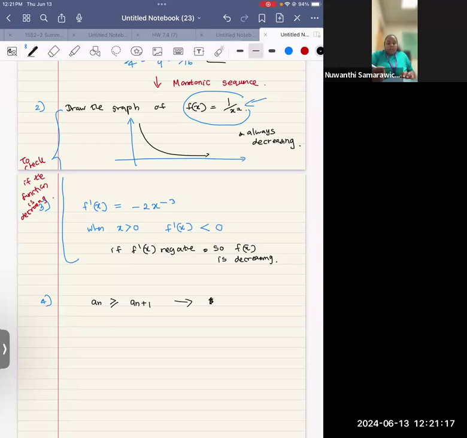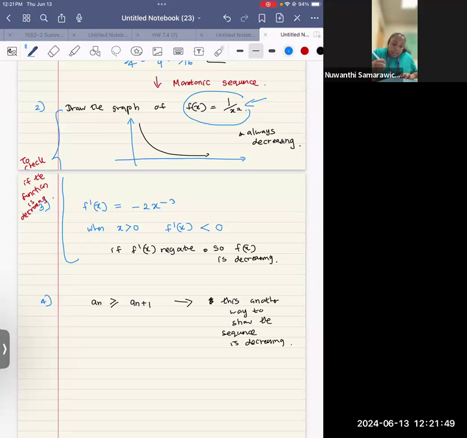We check whether this is a true statement by substituting the values. So this is another way to show the sequence is decreasing.